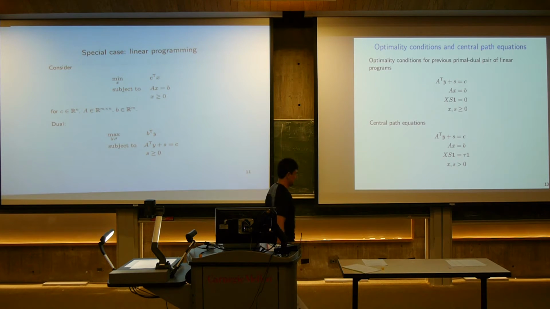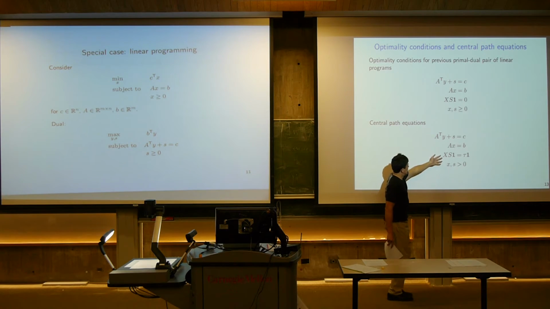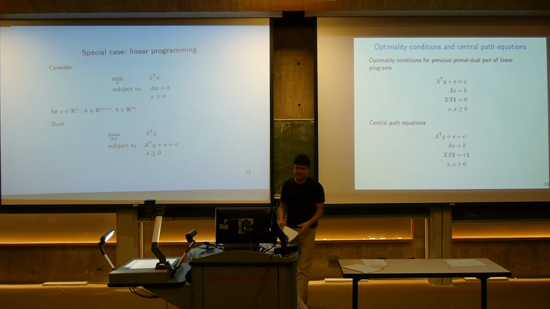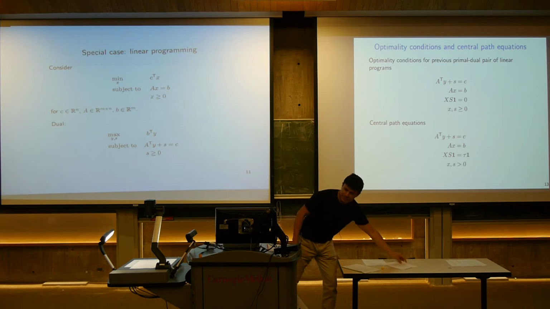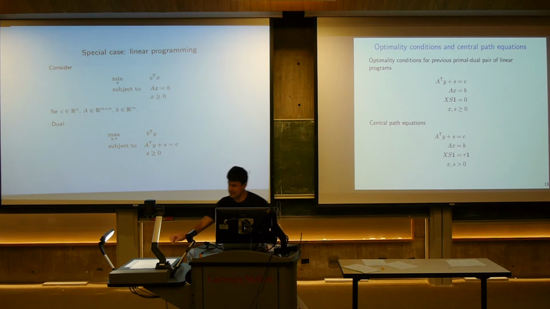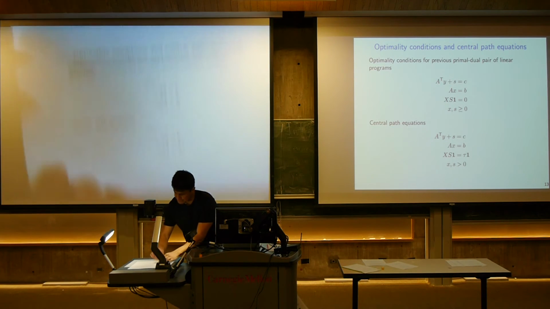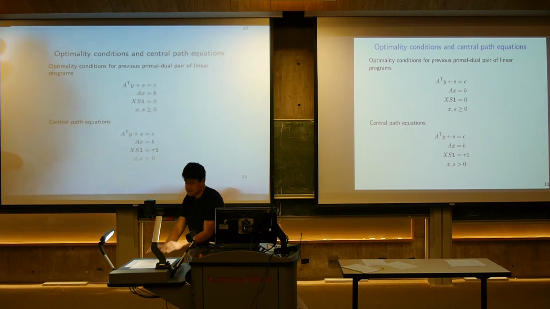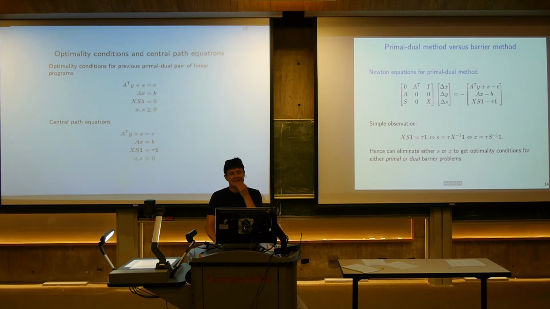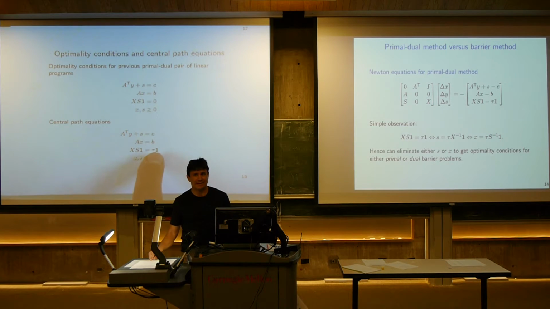The original problems can be written as above. So those are the central path equations, so let me keep them here. And the Newton system, which is, remember, linearize this.